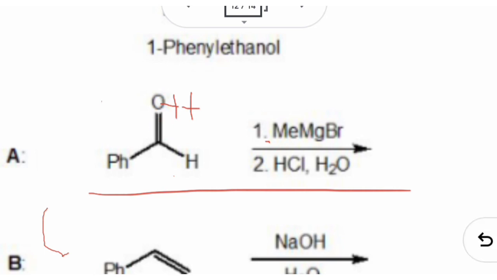It's going to turn into a single bond. Then the alkyl group from the Grignard reagent, so in this case we have a methyl group, is going to be added to the carbonyl carbon. So two things are happening here. Hydrogen is going to be introduced to the oxygen of the carbonyl group. Then the alkyl group of the Grignard reagent is going to be added to the carbonyl carbon. So this is what happens. So this answer is also correct because it is going to give us the required product.